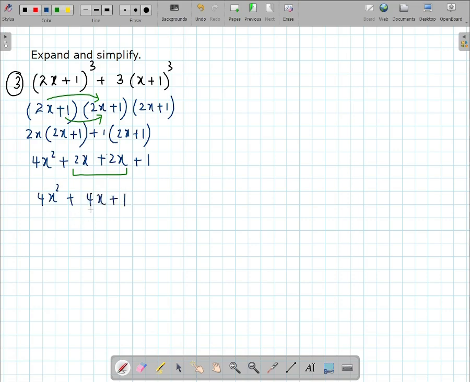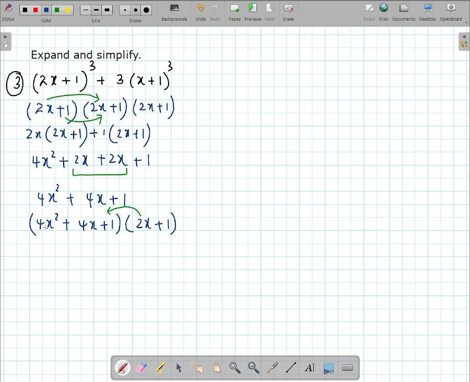Then this answer multiplied by 2x plus 1. 4x squared plus 4x plus 1 multiplied by 2x plus 1. Entire bracket multiplied by 2x.